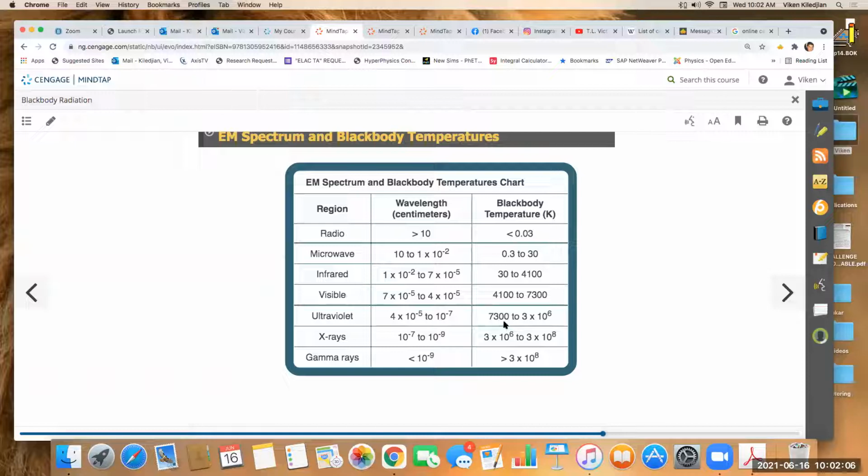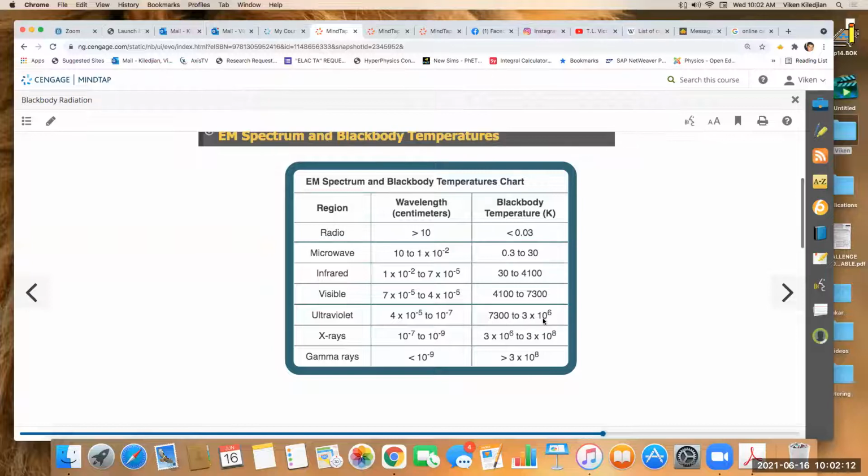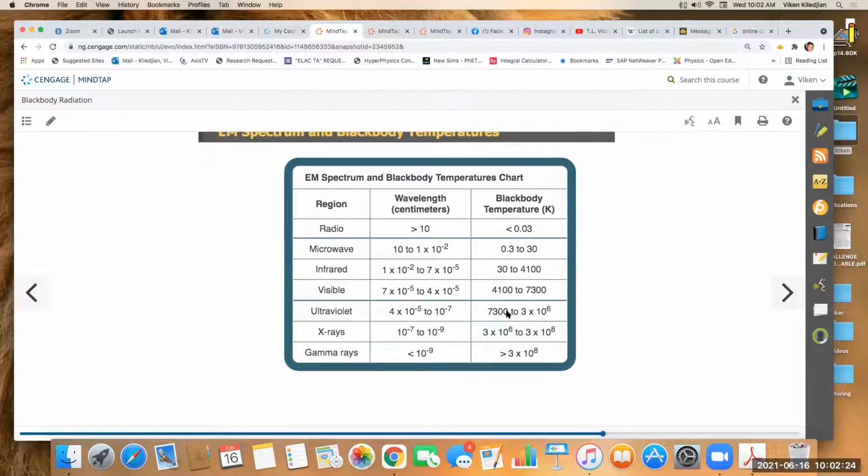Now, when we get to hotter objects, 7,300 Kelvin to 3 million Kelvin, they will dominate in the ultraviolet, but they will also give out visible, infrared, a little bit of microwave, and very little radio waves. Think of it almost like a bell-shaped curve.